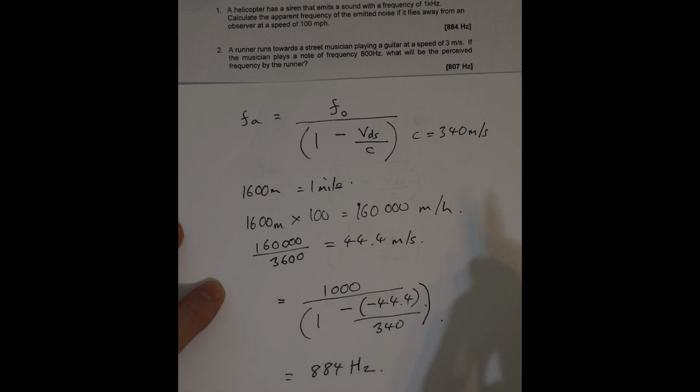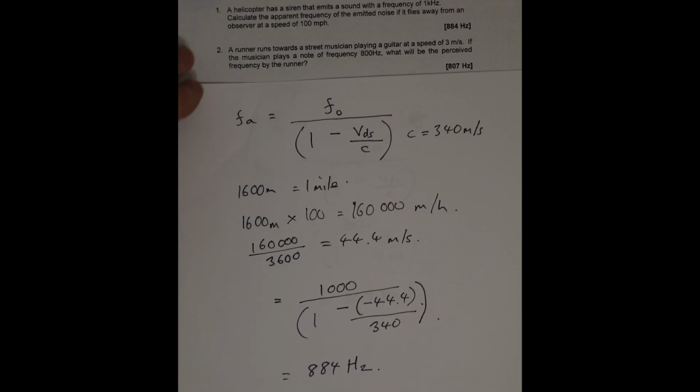Also, because the helicopter is moving a fair bit faster, the size of the change is much greater: it drops by 116 Hertz as opposed to just a few Hertz in the previous one. This speed is a much higher fraction of the speed of sound of the system.